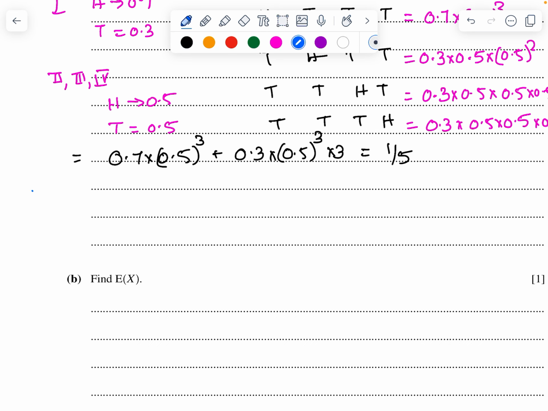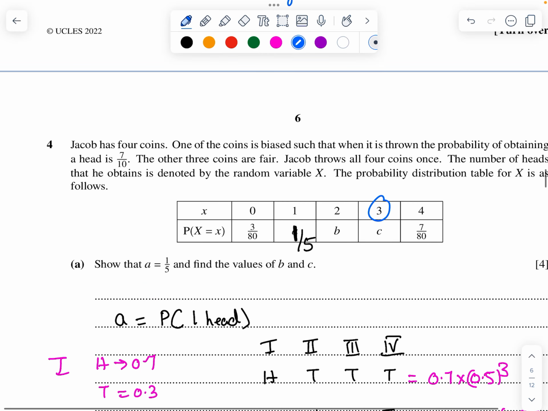Now I have to get it out. Probability of 2 heads means head, head, tail, tail. This is somewhat difficult to do, so rather than that, I will do C first, 3 heads. If I do C, then it is easy to do B.